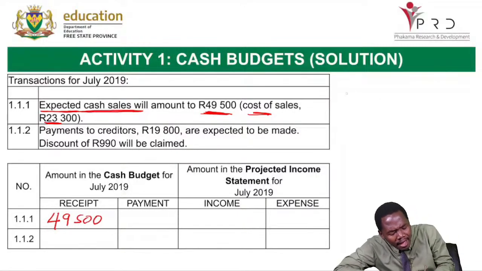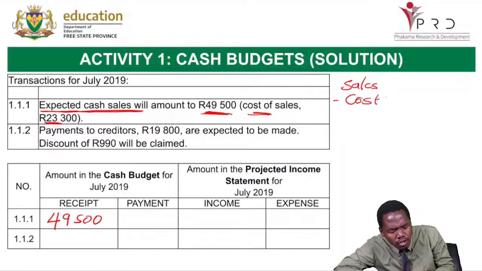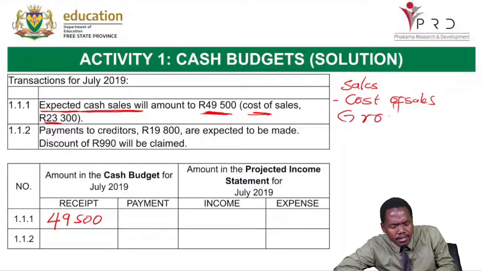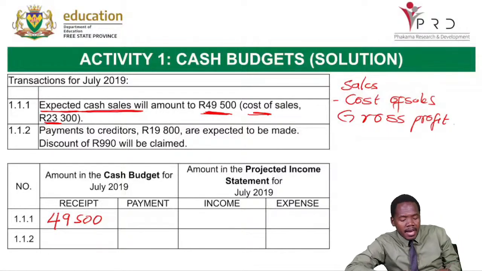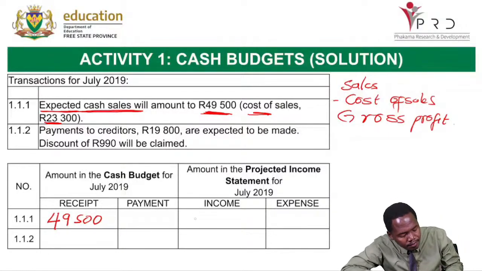Now, remember, for our projected income statement, it says sales minus cost of sales, and then this gives us what? Gross profit. Which one is an income here? Which will be sales. So we'll have sales to be 49,500.